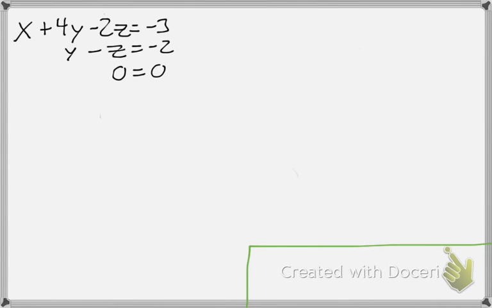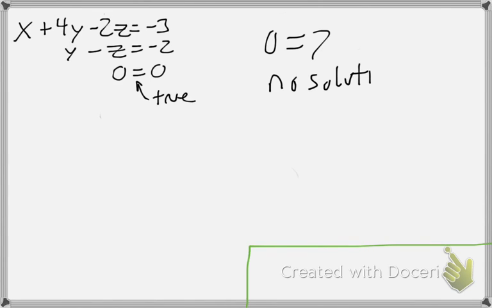Because this is a true statement, this is going to be infinitely many solutions. If you had a false statement, like 0 is equal to 7, it would be no solution. So in your matrix, that would be 0, 0, 0, 7 instead of 0, 0, 0, 0.